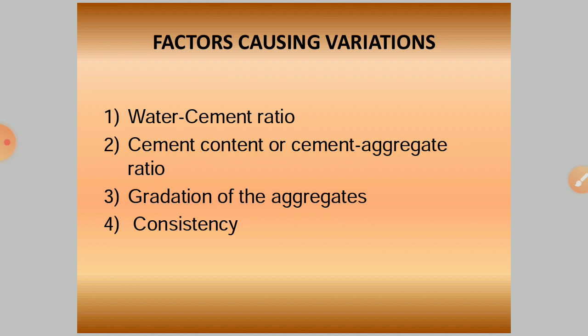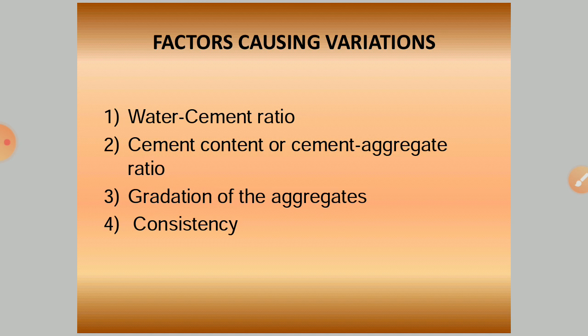In brief, you can say that a minimum amount of paste is required that will lubricate the mass of fresh concrete, and after hardening can bind the aggregate and fill the space between them.